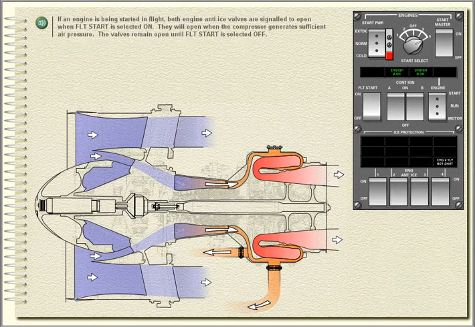If an engine is being started in flight, both engine anti-ice valves are signalled to open when flight start is selected on. They will open when the compressor generates sufficient air pressure. The valves remain open until flight start is selected off.